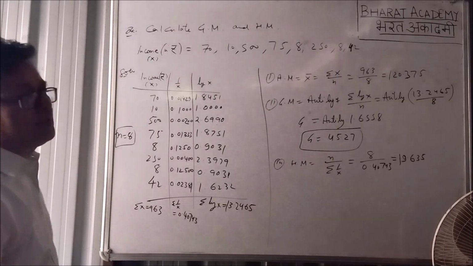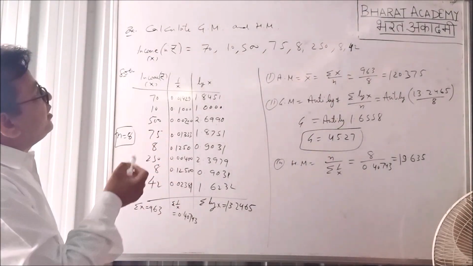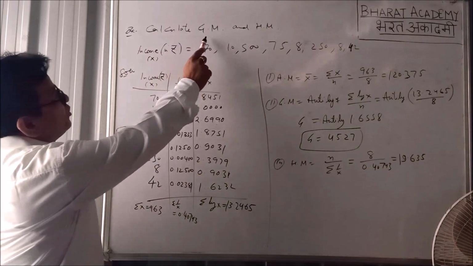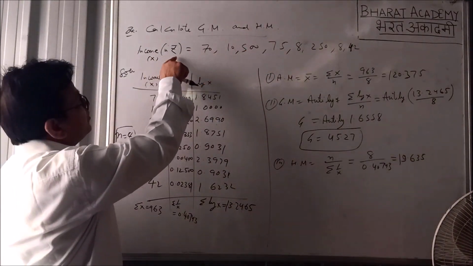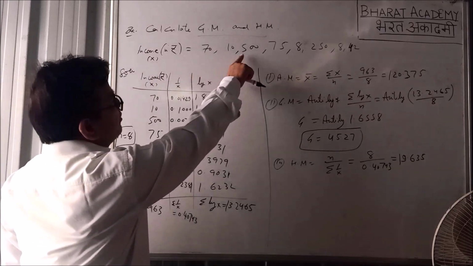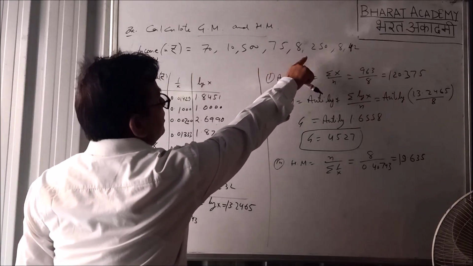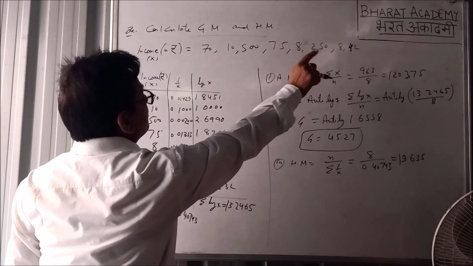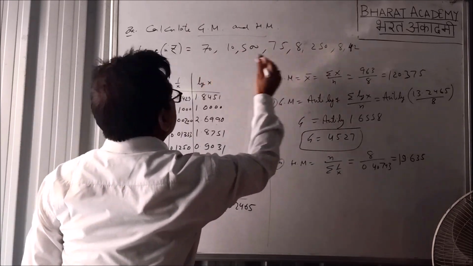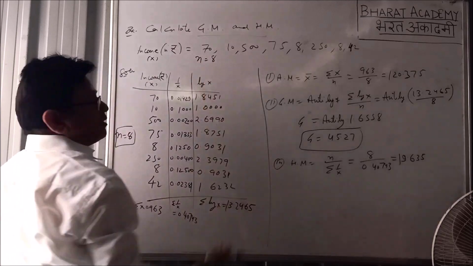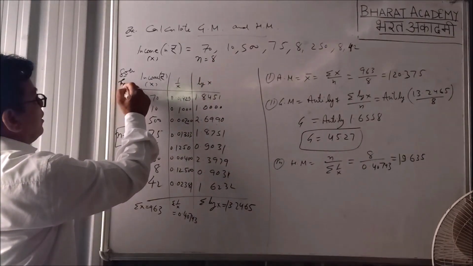Now a question based on an individual series: calculate geometric mean and harmonic mean of the following data. This is income in rupees: 70, 10, 500, 75, 8, 250, 8, 12, 42. N equal to 8. So this is your table.